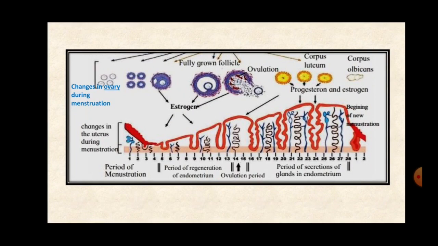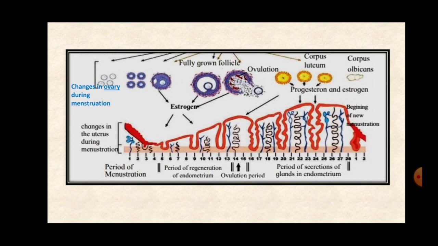Oocytes are in the follicles. Now these follicles are nothing but a sac or cavity, you can say, which is filled with fluid, and at the center they have an oocyte. So every single follicle will have a single oocyte. Now let us see what happens.